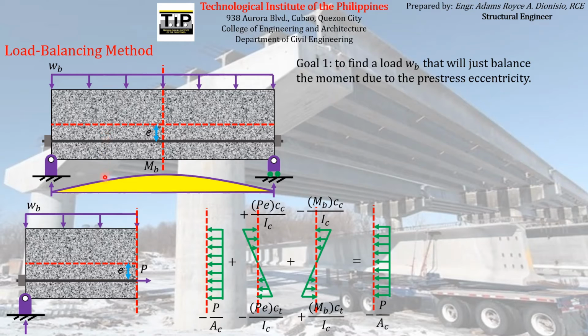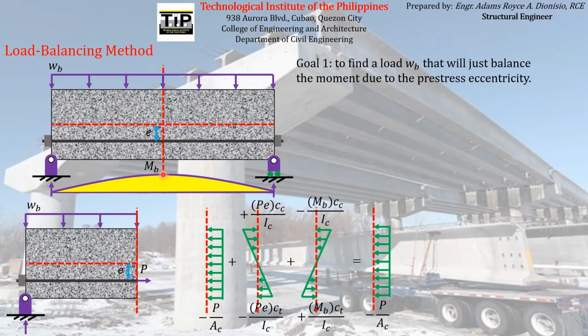But if you look at the corresponding magnitude of moment at that same particular section, obviously it will have a magnitude which is lesser than the magnitude at midspan.